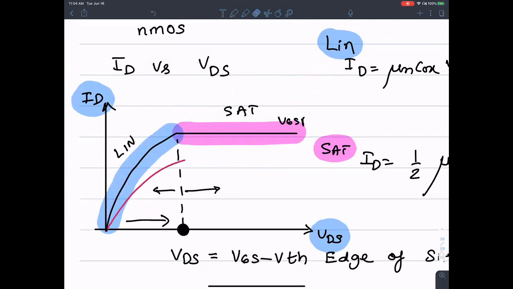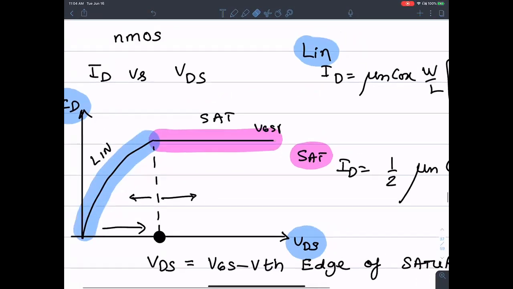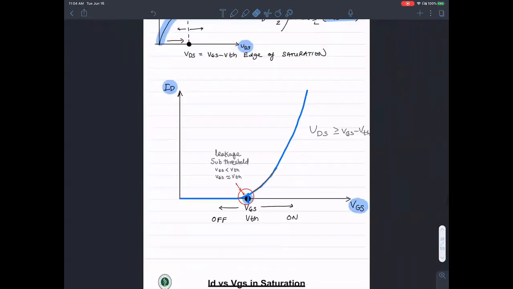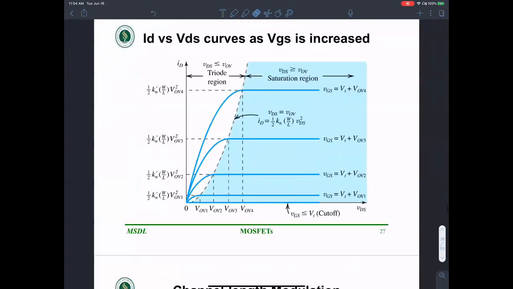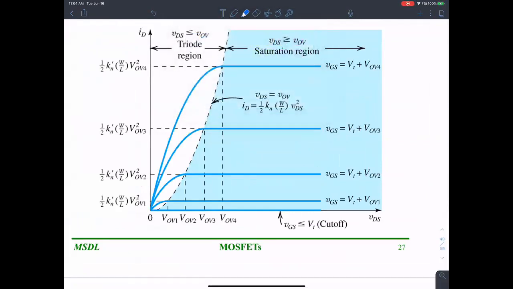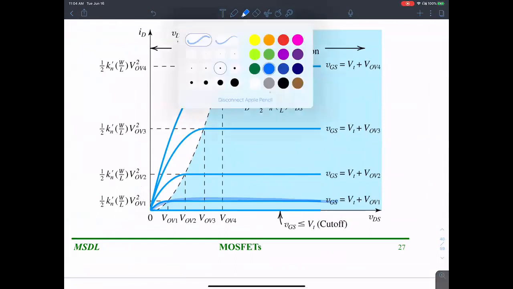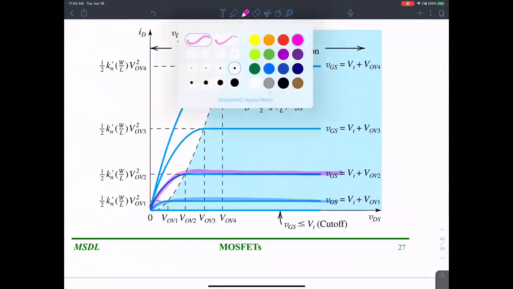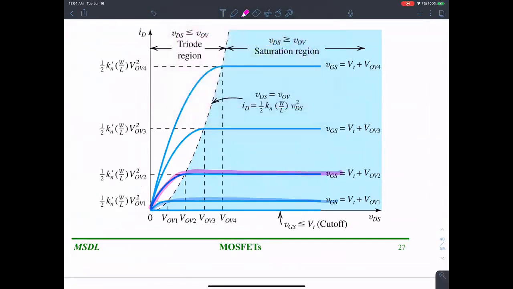I'm not going to complicate this circuit here. I'll just mention that it is possible to plot a family of curves. There is this guy for one value of VGS, and there's another value of VGS that we can plot the drain current for, and for a higher value of VGS, and for a still higher value of VGS.